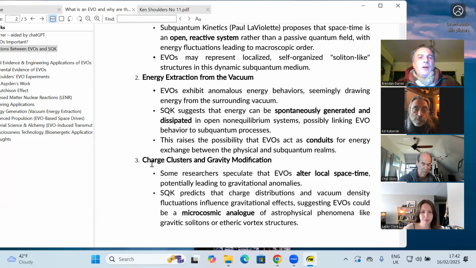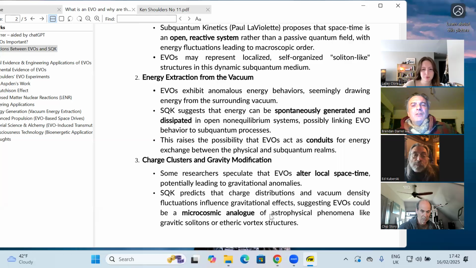Number three, charge clusters and gravity modification. Some researchers speculate that EVOs alter local space-time, potentially leading to gravitational anomalies. SQK predicts that charge distributions and vacuum density fluctuations influence gravitational effects, suggesting EVOs could be a microcosmic analog of astrophysical phenomena like gravitic solitons or etheric vortex structures.